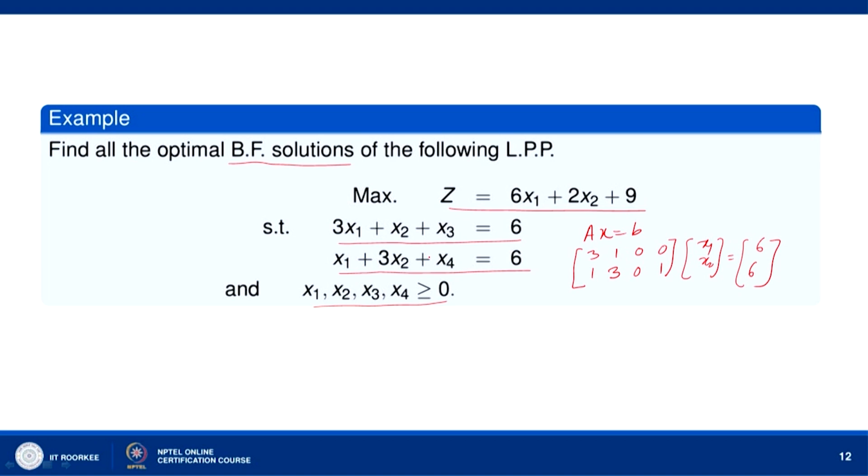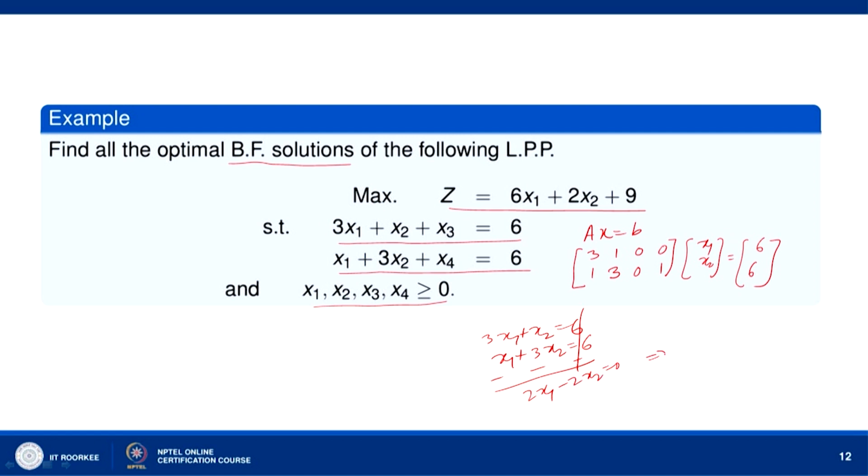So, we are taking x 3, x 4 equal to 0. So, 3 x 1 plus x 2 equal to 6, and we have x 1 plus 3 x 2 equal to 6. When we solve them, what we have is 2 x 1 minus 2 x 2 equal to 0.